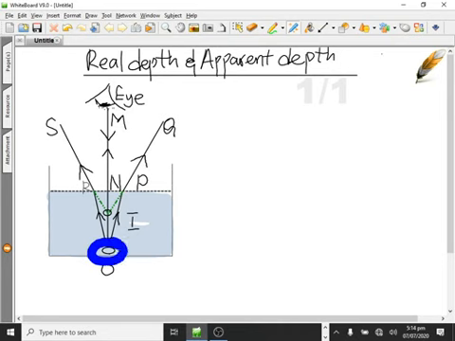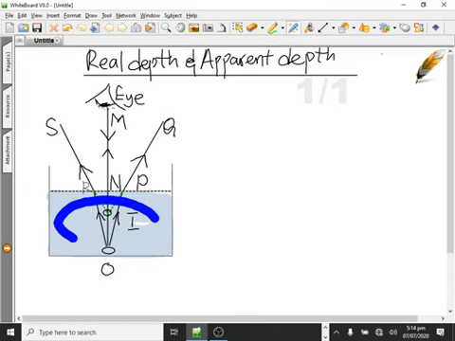Now, this is what happens. When you are looking at an object at this point inside the pool, you have two rays, let's say ray OP and ray OR. These two rays will serve as your incident rays. Once these two rays reach this point and this point respectively, they are entering another medium.